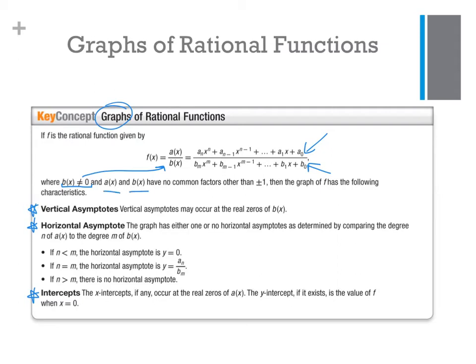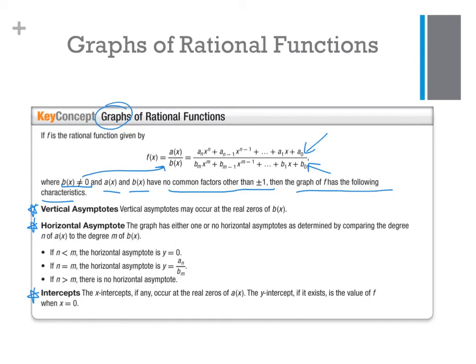And also a of x and b of x, the two functions, can have no common factors other than plus or minus 1. And then the graph of f has the following characteristics. So you don't want a common factor: if you factored the polynomial on top and the polynomial on bottom, you wouldn't want the two polynomials to have any factors in common. Otherwise, they would just cancel each other out.